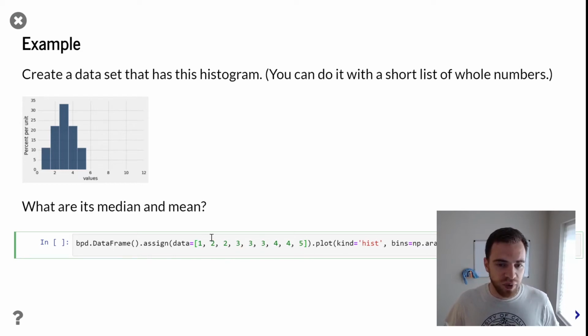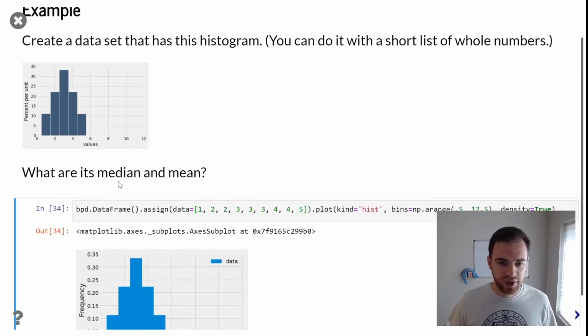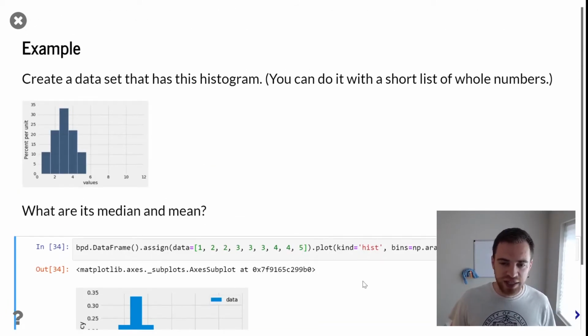And in fact, any multiple of this, so I could double the number in each group and the distribution would look the same. But what are the median and the mean? I'll give you a second to think about this. Oh, look, I reproduced the histogram, so my guess of what the data set is was right.